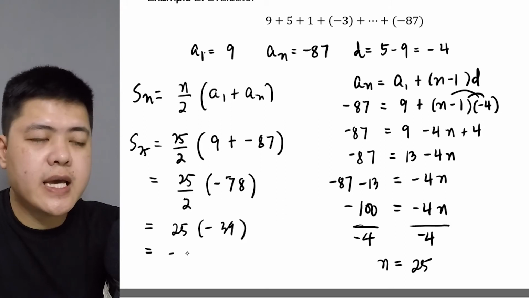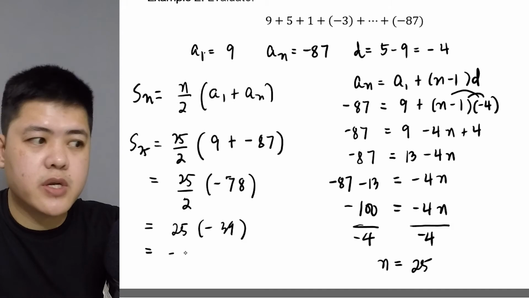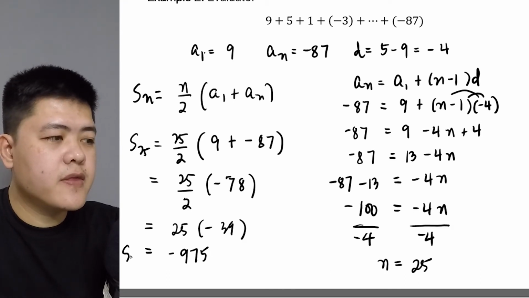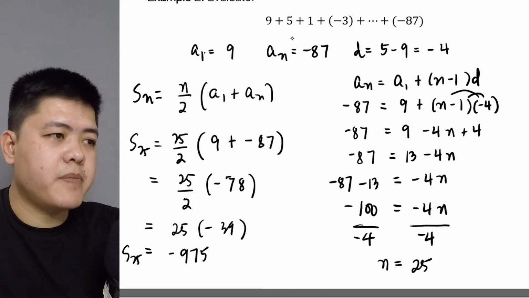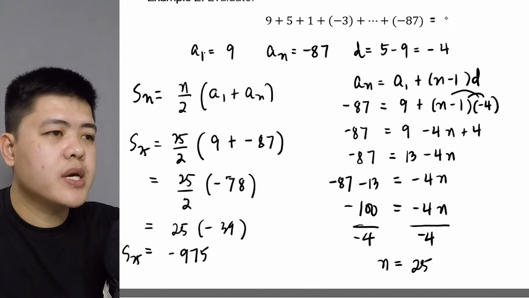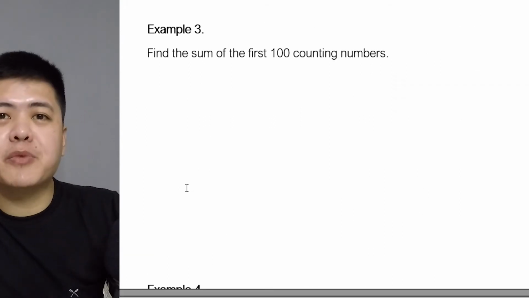Kasi, kung 40 yan, it will give you 1,000. So, minus 1. So, 975. So, therefore, the sum, so 9 plus 5 plus 1 plus up to negative 87 is equivalent to negative 975. Let's have example number 3.